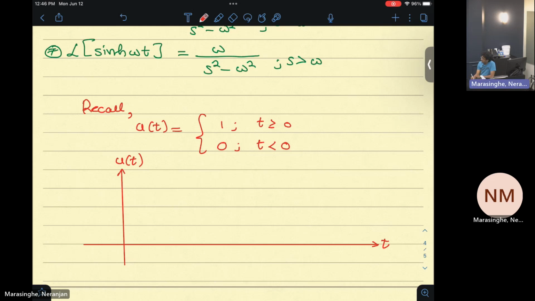Sometimes we call this function the unit step function, or sometimes just a step function. In engineering, one of the important things in control theory is how your system behaves under the unit step function, right? This is the function. Okay.